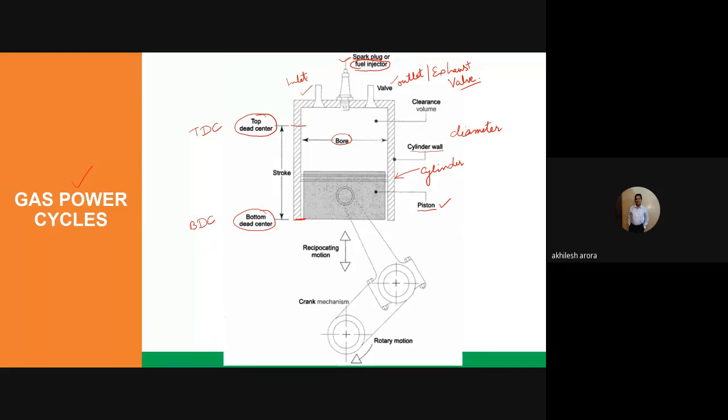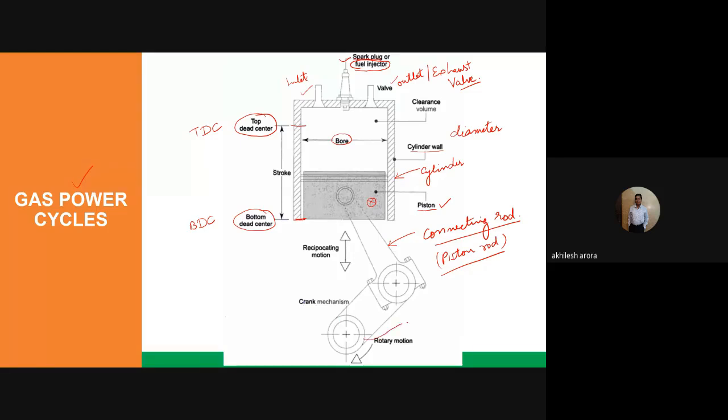Now this piston, and here we have another component known as the connecting rod. Sometimes it is also called the piston rod, because it is connected to the piston. This connecting rod is connected to the crank here.